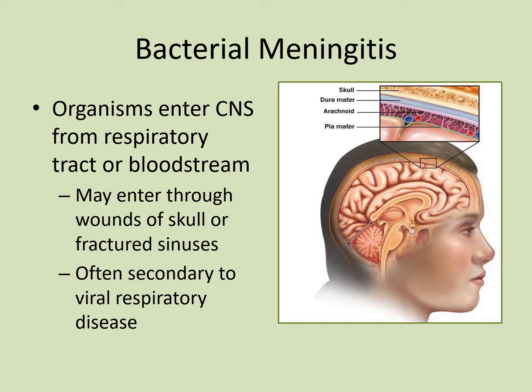Organisms can enter the central nervous system from the respiratory tract or from the bloodstream, and they enter through wounds of the skull, like basilar skull fractures, as an example, or fractured sinuses. Oftentimes, bacterial meningitis occurs secondary to an upper respiratory viral infection.